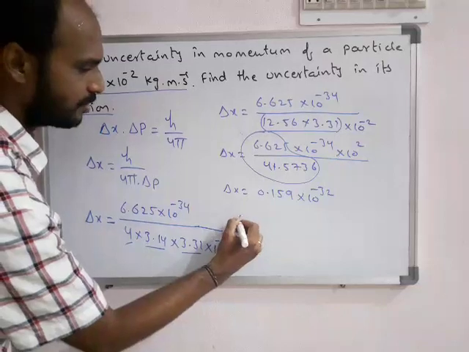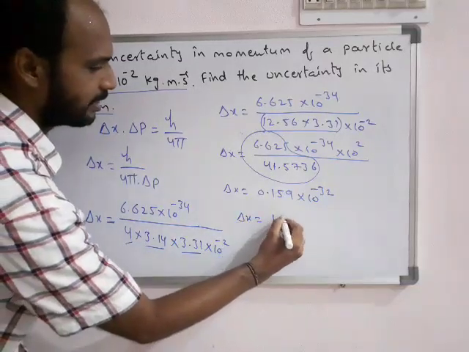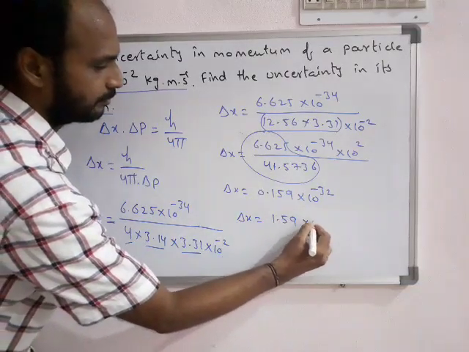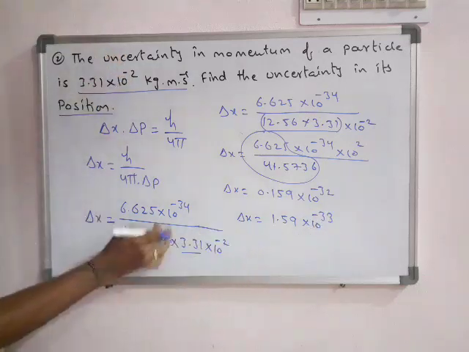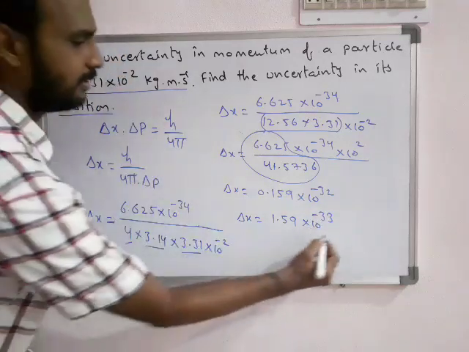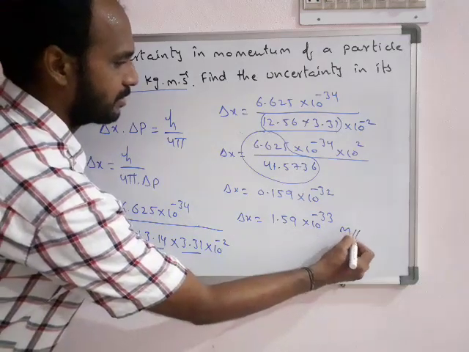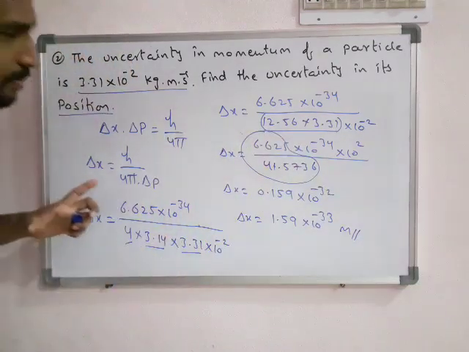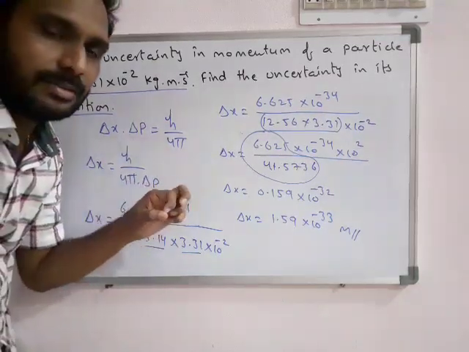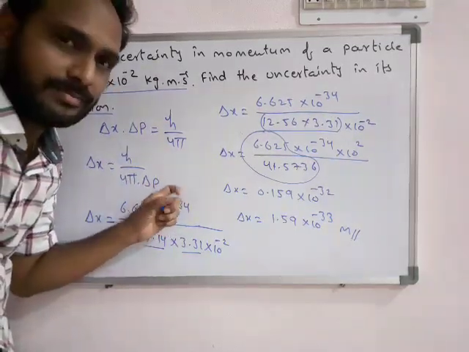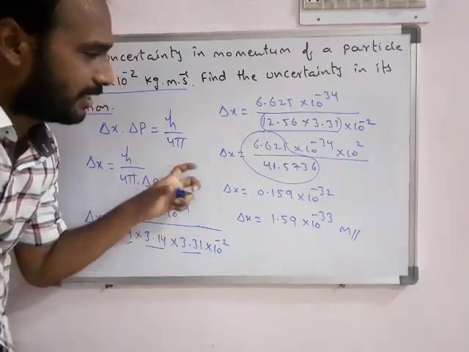So it belongs to the position. Means what is the final delta x we can write? 10 power minus 33. So already we totally followed the SI method, so it is in meters. Okay, so here the important thing is which value is given and which value we need to find. Next, check the units.